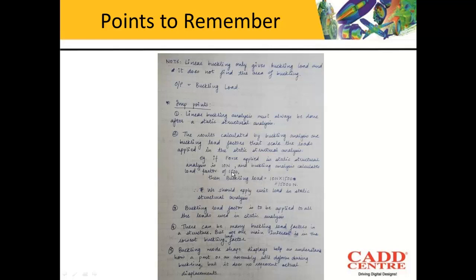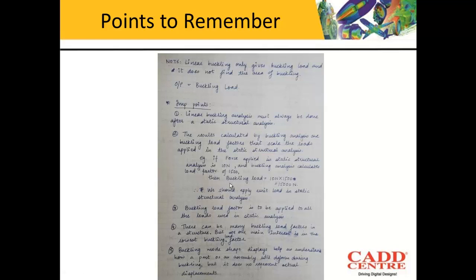That is the load factor that we have obtained after the analysis. So the buckling load will be 10 Newton, the force applied, multiplied by the load factor. So the answer will be 15,000 Newton. So 15,000 Newton will be your buckling load. This is a very important thing that you should always know when you are performing the buckling analysis.